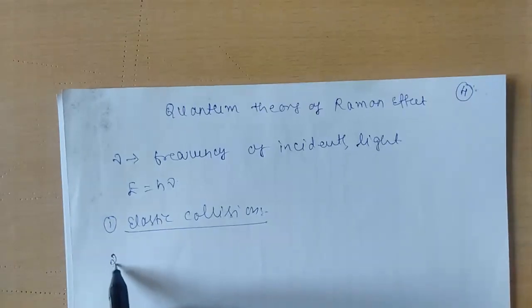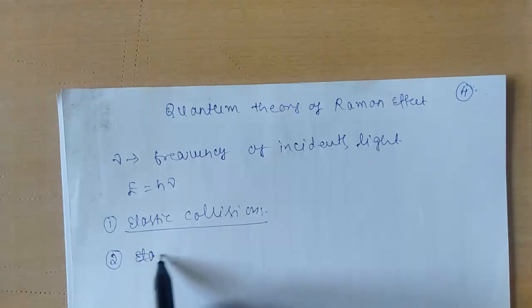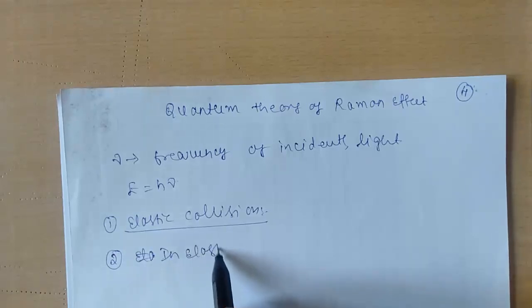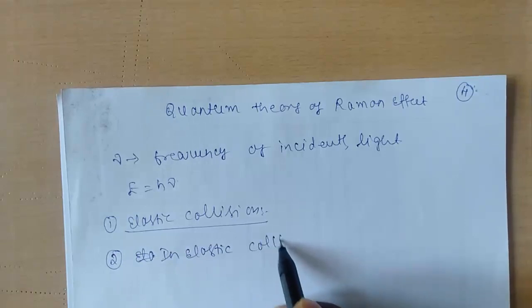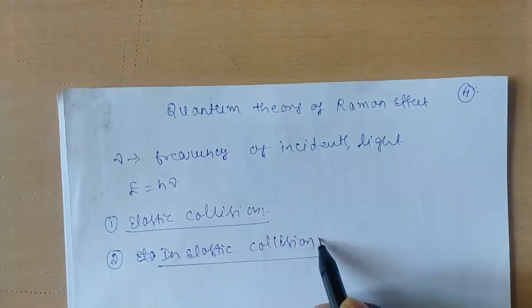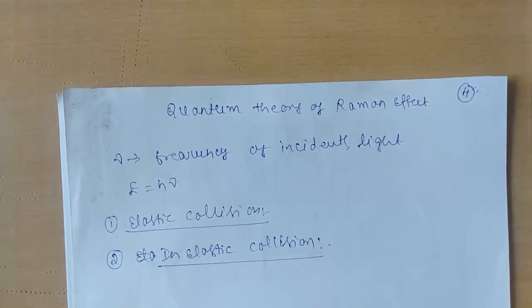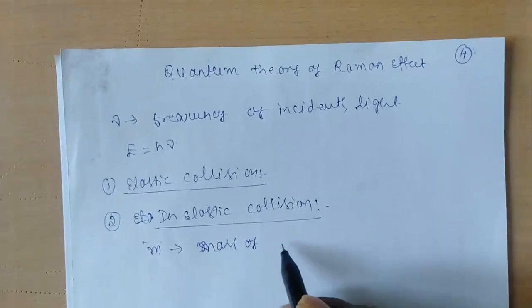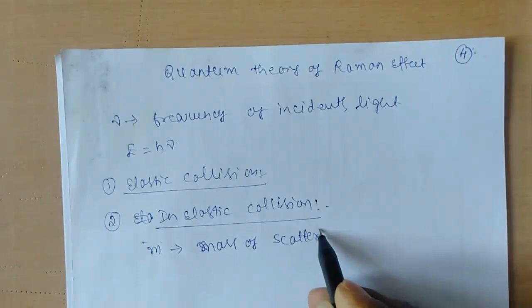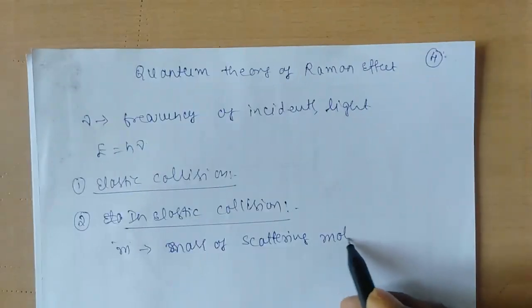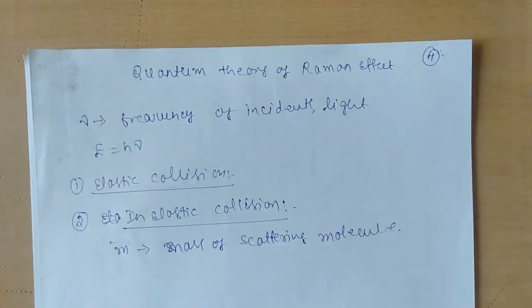Now if we consider the inelastic collision, let us consider a molecule of mass m, the scattering molecule, and let this scattering molecule be in the energy state E1, the ground state energy.